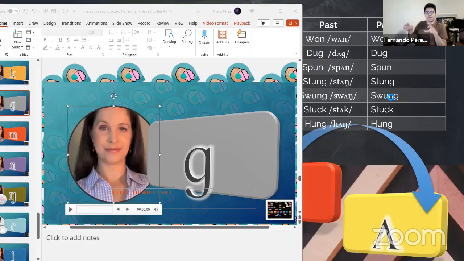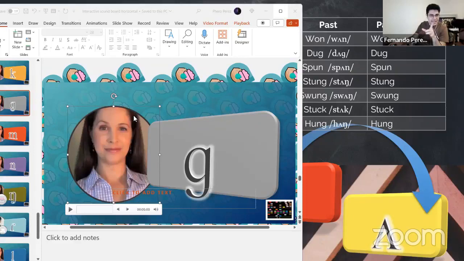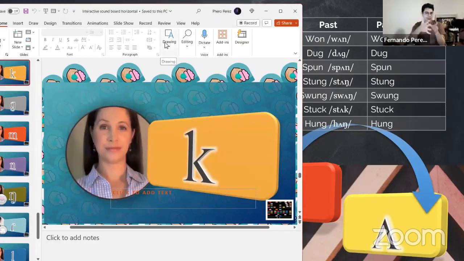Again. Dig, dug. Dig, dug. Nada más ahora no se vayan al otro espectro, que no suene como una K. Es una G. Dug.